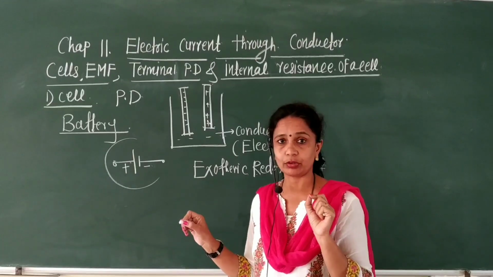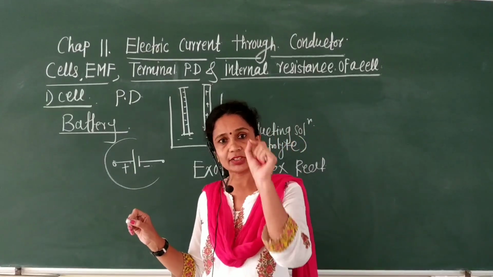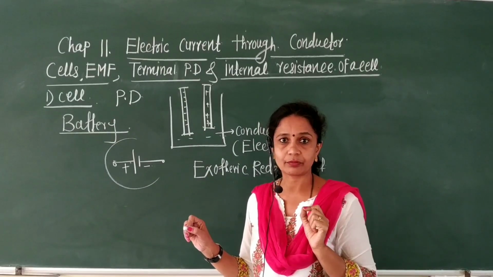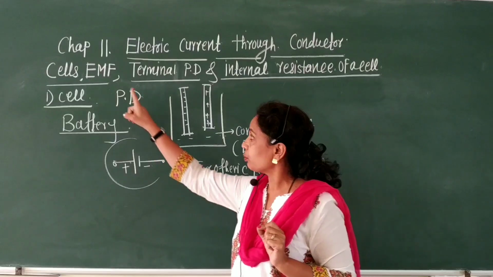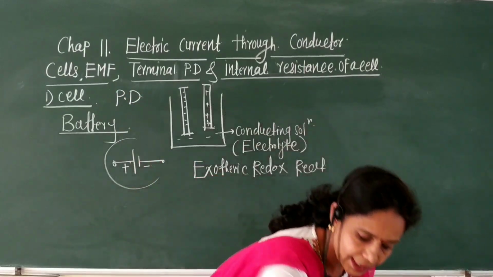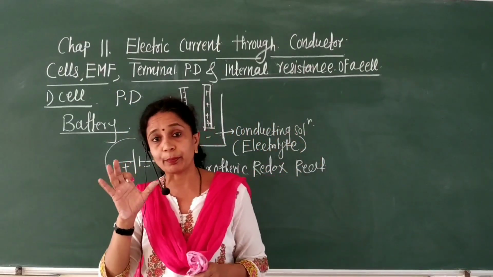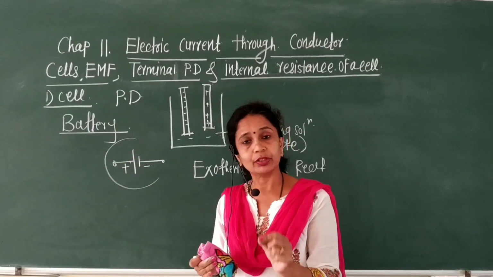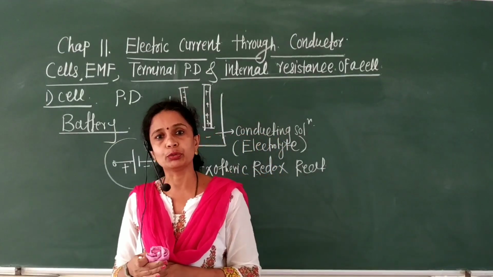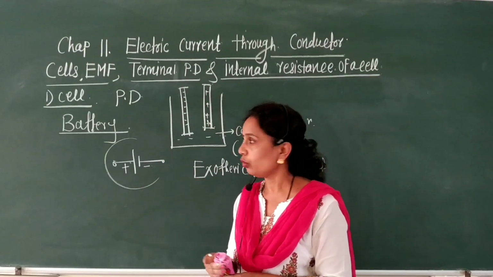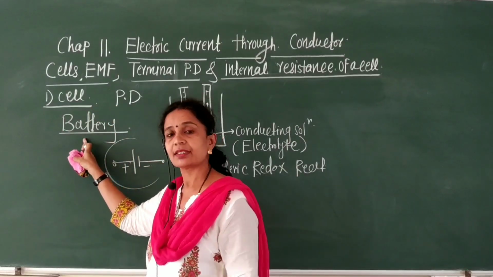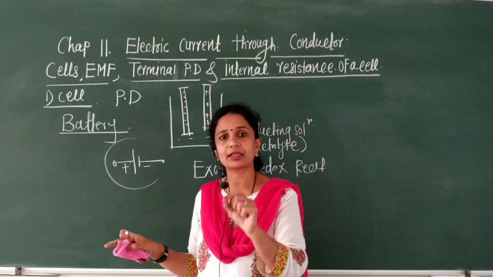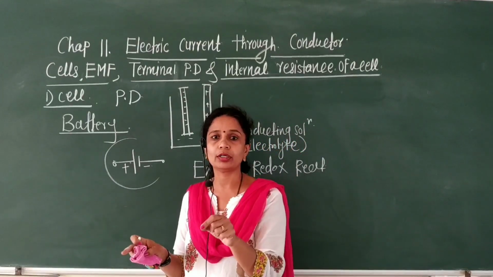It is very important because this symbolic representation is used in electrical circuit diagrams. So one point is clear: a cell is a device which maintains the potential difference or voltage between the two electrodes due to the chemical reaction. Battery means a collection of two or more cells connected in parallel or series.